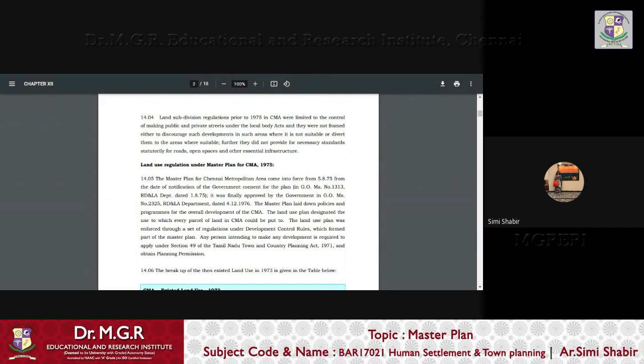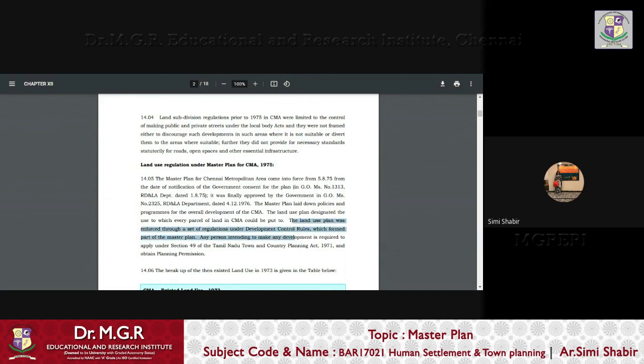So the land use regulation for the first master plan came into force in August 1975, and it was approved by the government by virtue of government orders to come up with a detailed land use plan.